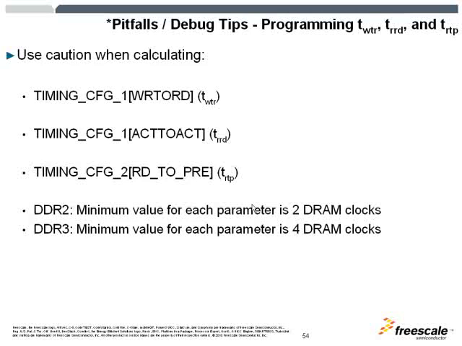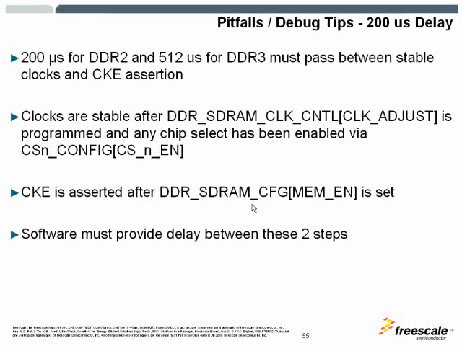So make sure the minimum value is observed. There is a 200 microsecond delay, or 500 microseconds for DDR3, required after you set your registers and before you enable the memory controller. Make sure that this step is observed in your software.